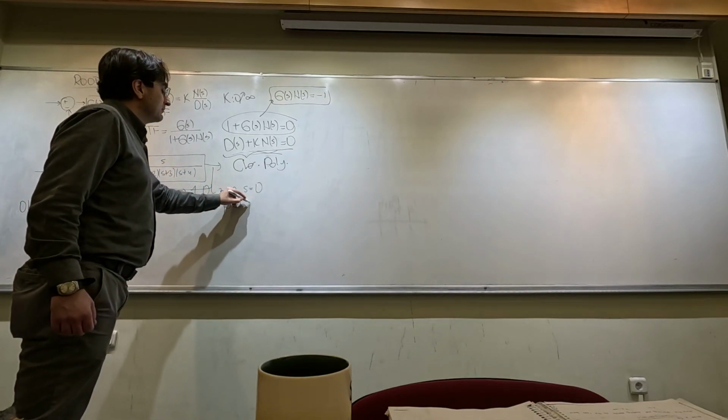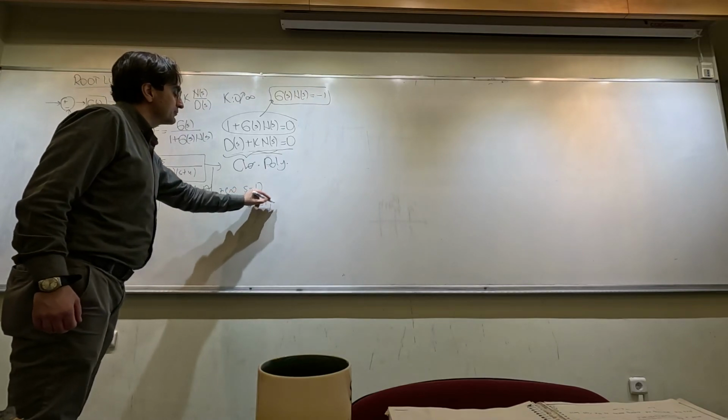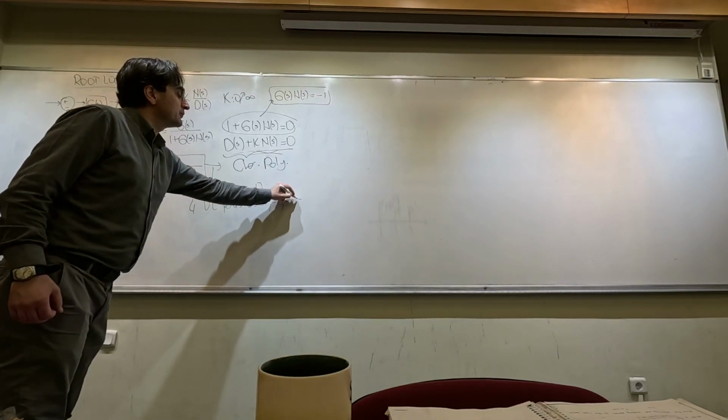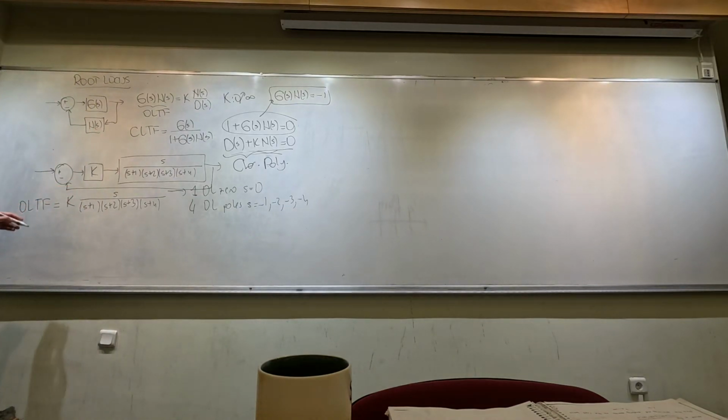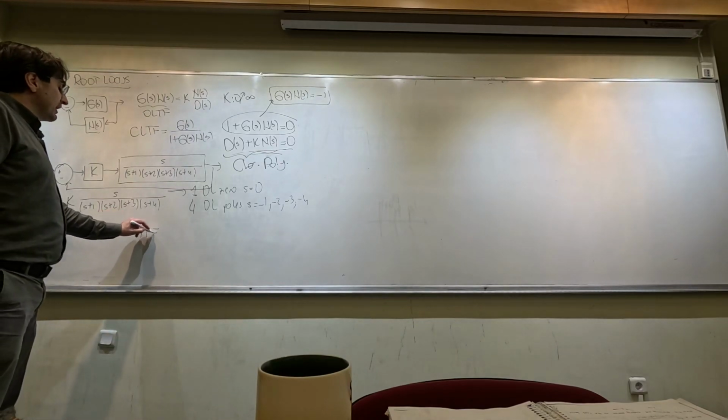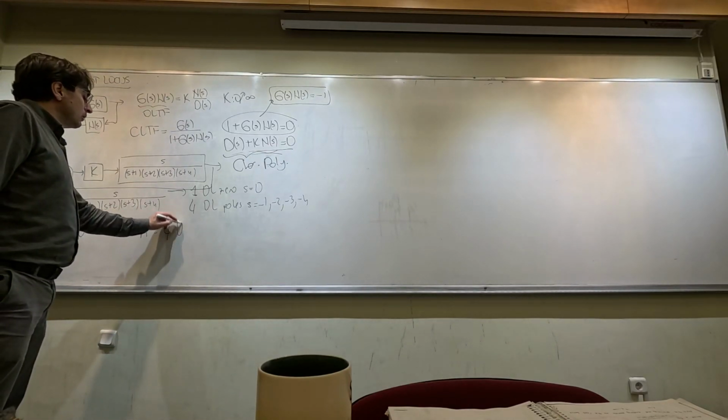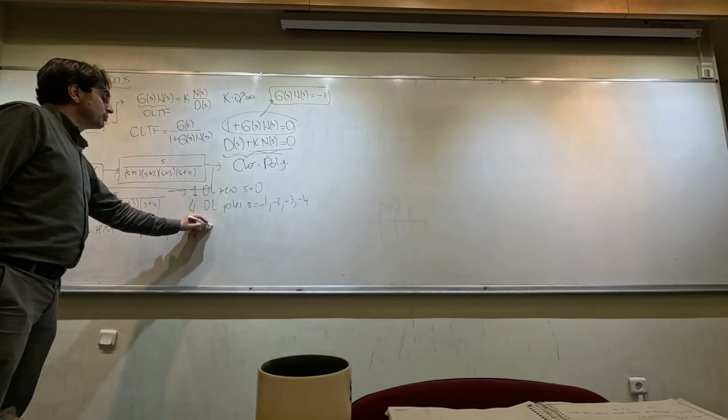Okay? We have at s equals to minus 1, minus 2, minus 3, and minus 4. In general, we are going to say that, in this case, for example, we have m is equal to 1 open loop zeros. Okay? And we have n that is equal to 4 open loop poles.